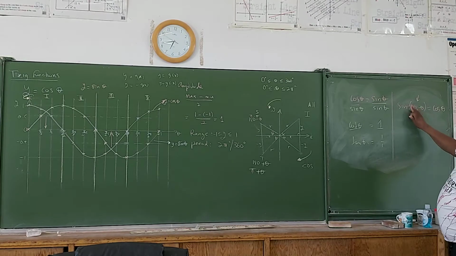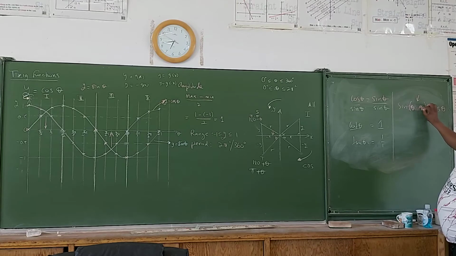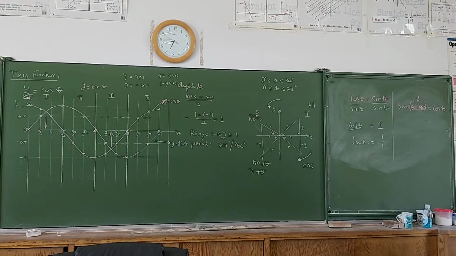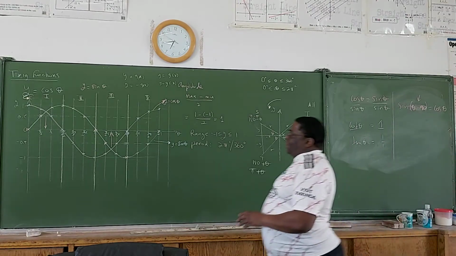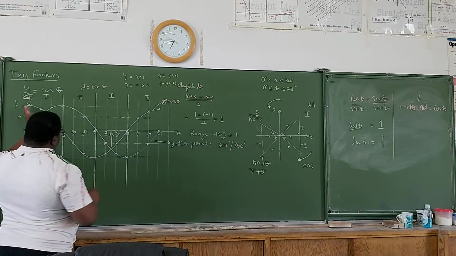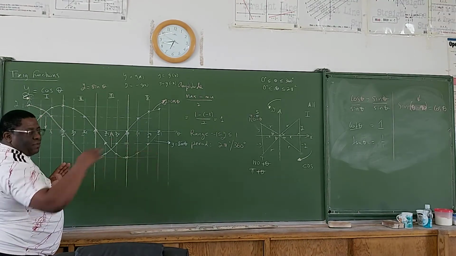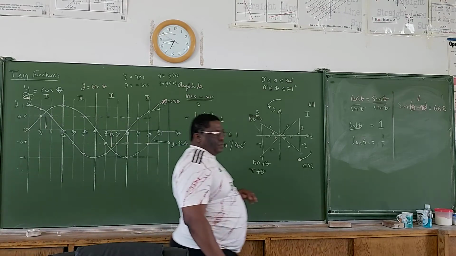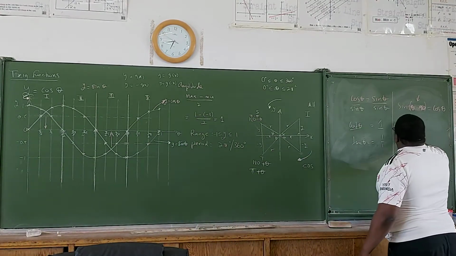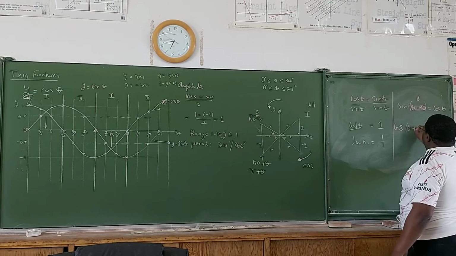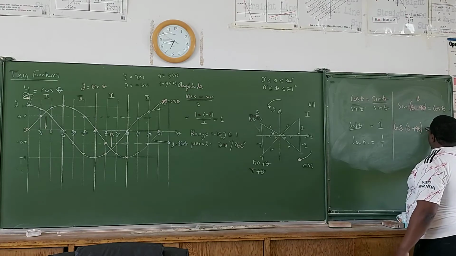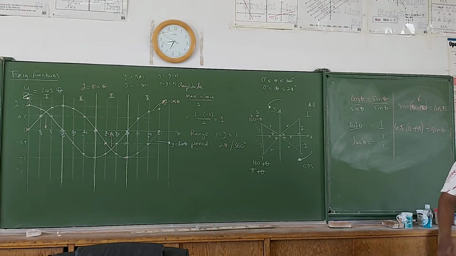So this should be written as what? You agree? If I shift the cosine function, the pink one, 90 degrees positive, is it not going to equal sine theta, for example?